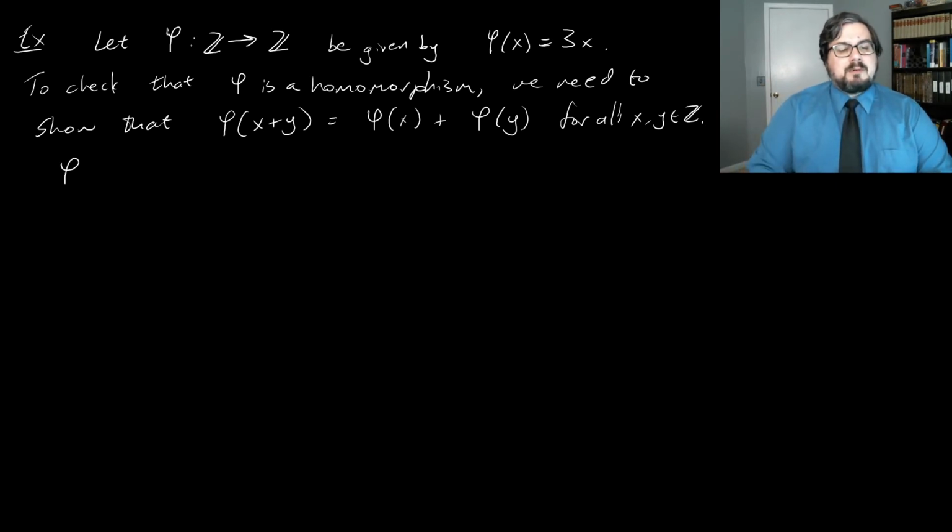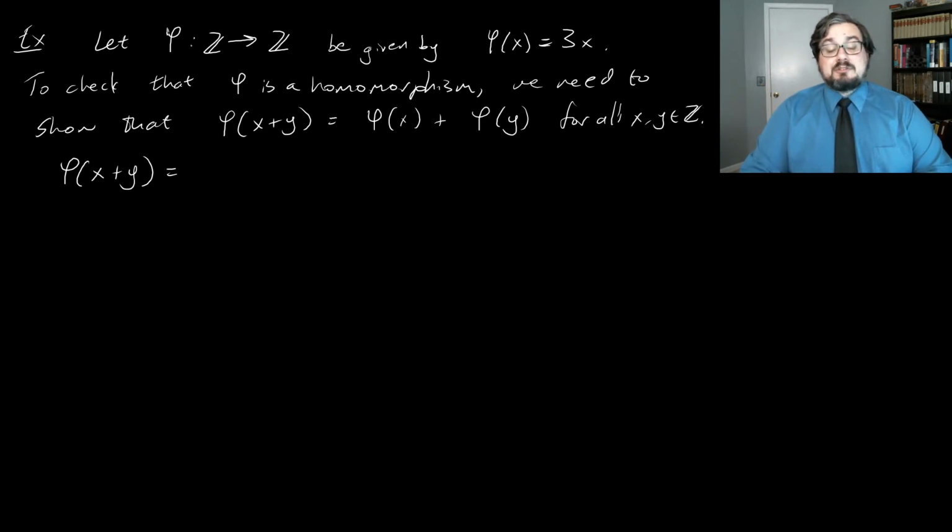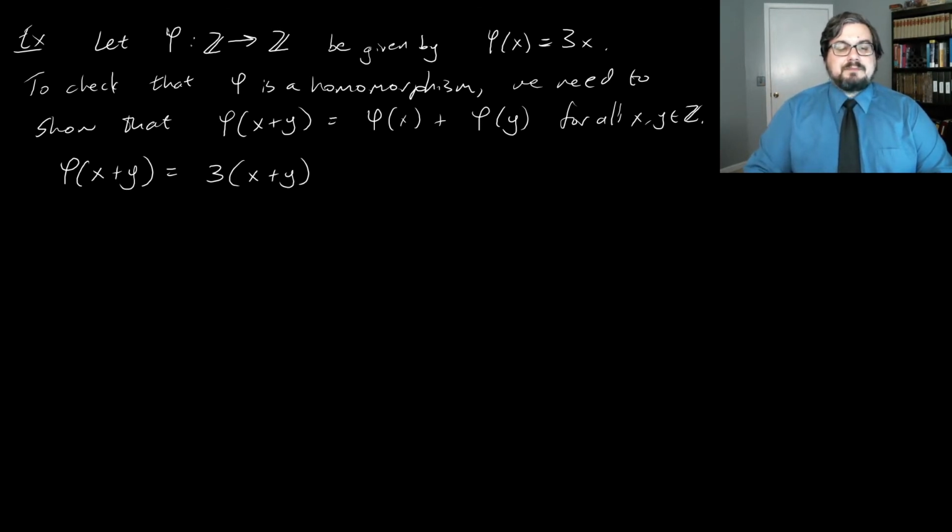So, for example, if we look at phi of x plus y, we know that the function phi sends any element to 3 times that element. So that means phi of x plus y is 3 times x plus y. And we can, of course, distribute that to just be 3x plus 3y.